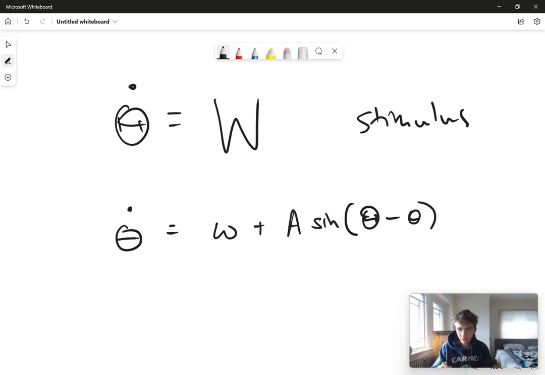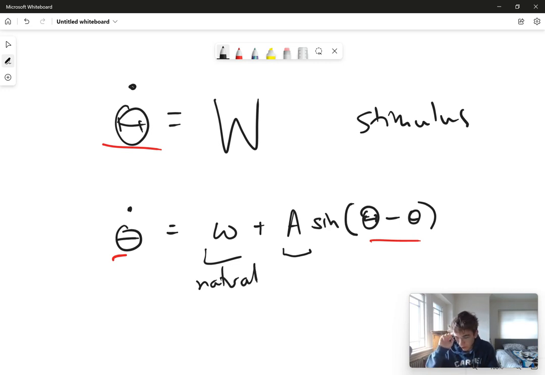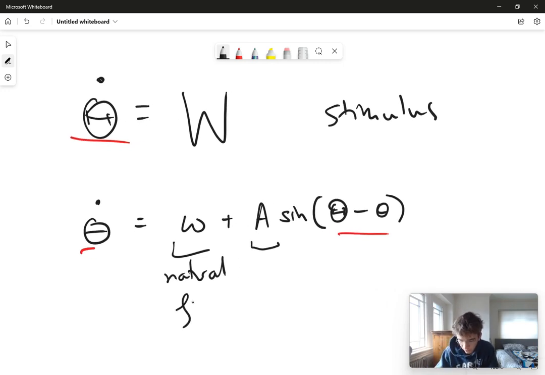Essentially, if this stimulus is flashing faster than the fireflies, then the fireflies are going to speed up a little bit to try to match the frequency of the stimulus. Similarly, if the stimulus is slower than the fireflies, then the fireflies will try to slow down their signal to match the flashlight. And here, this A is a measurement of how well they're able to entrain with the stimulus. And this, of course, is the natural frequency of the fireflies.